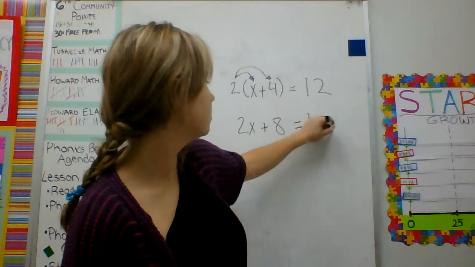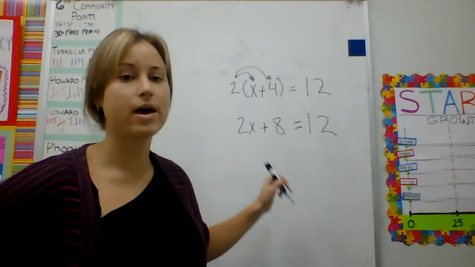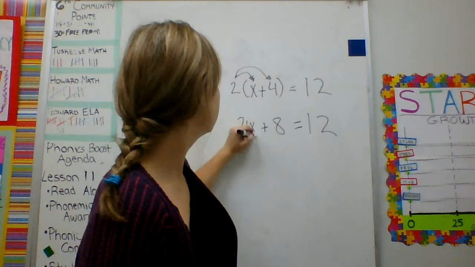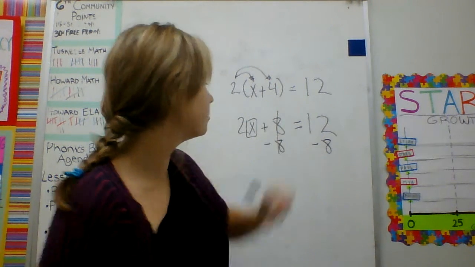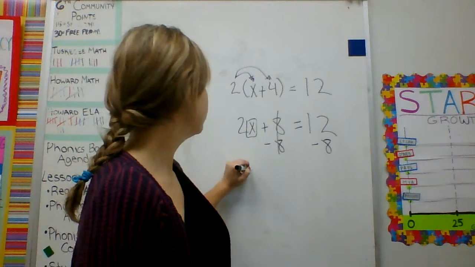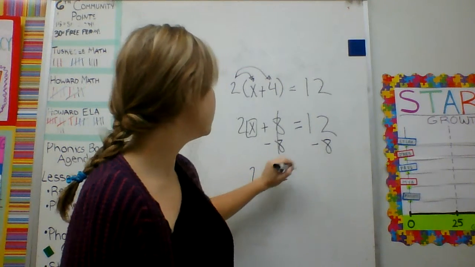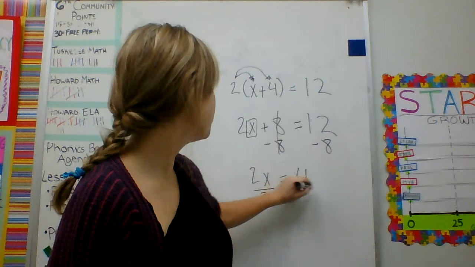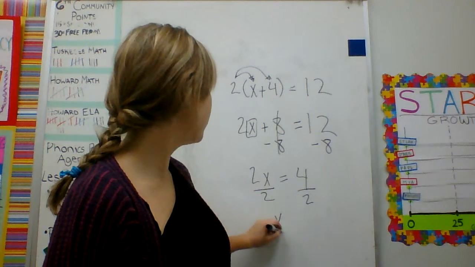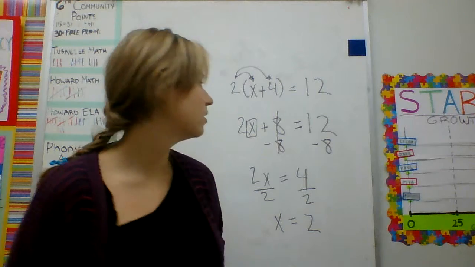Equal to 12. I want to get x on its own. So I'm going to subtract 8 from both sides because I want to cancel those out. 2x is equal to 4. Divide both sides by 2, and x is equal to 2.